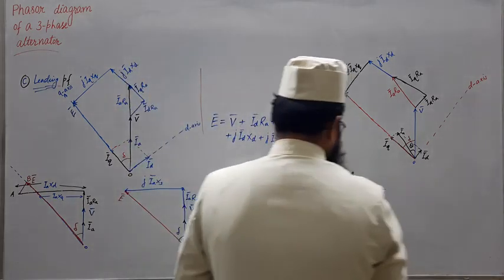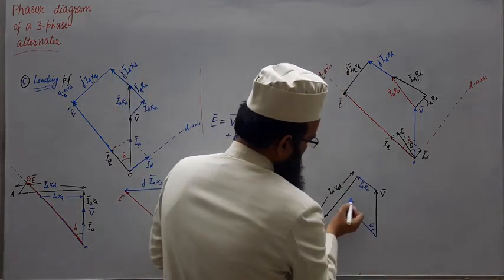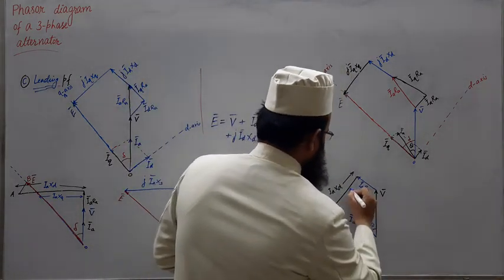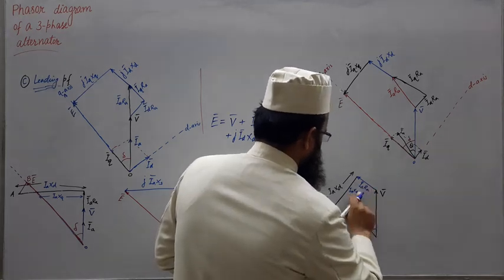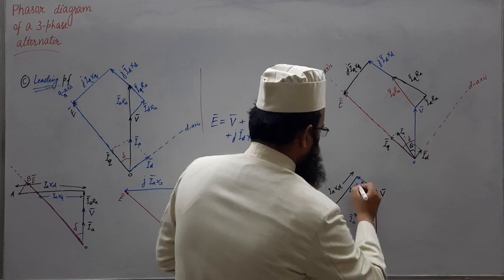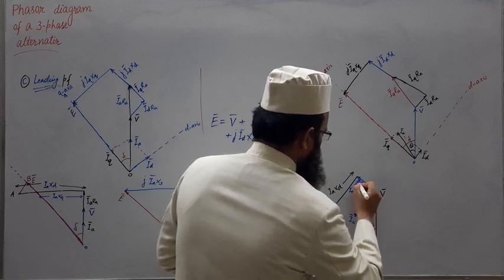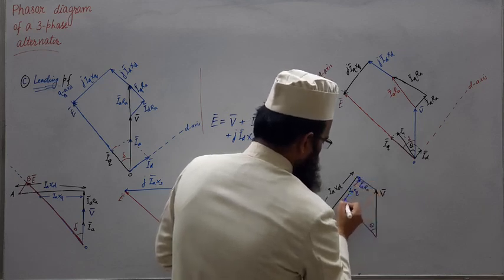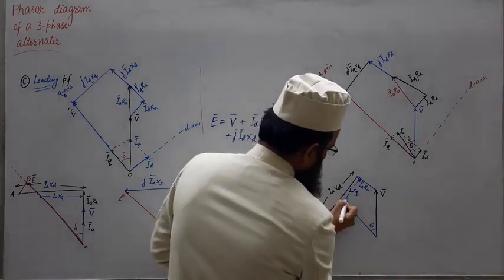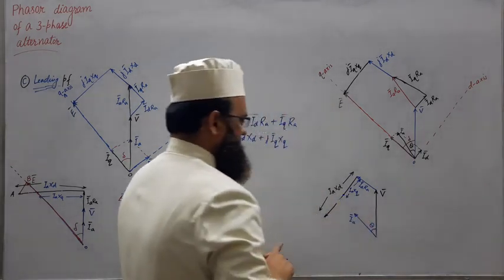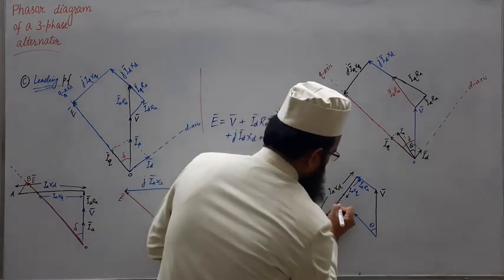So let us take any point. Let us say this is IA XQ, this is Q. From here till somewhere here, suppose here or somewhere here. This is the point where we have cut IA XQ from this.